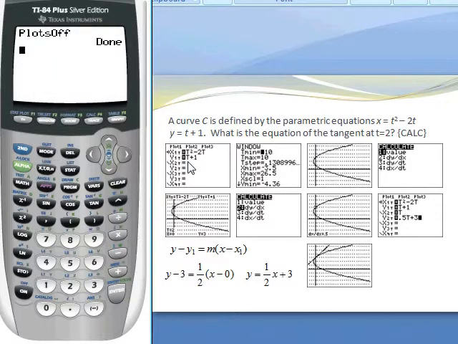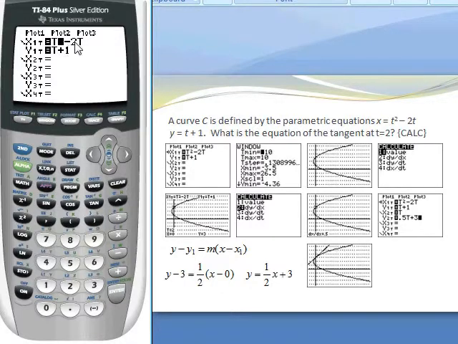Now go and enter your x and y. When you push this button, it will automatically give you t because it's in parametric mode. So t squared minus 2t, you can get the square from this button. And then for y, you have t plus 1. Get the t from this button again.